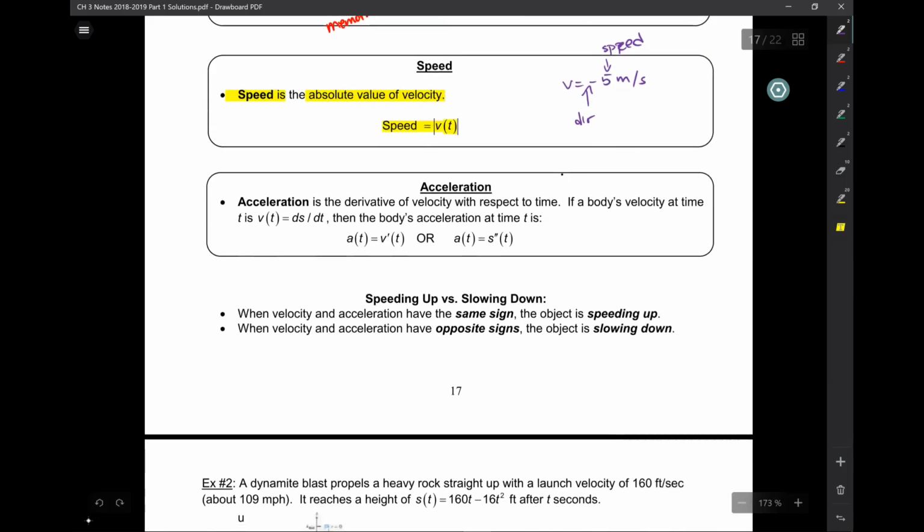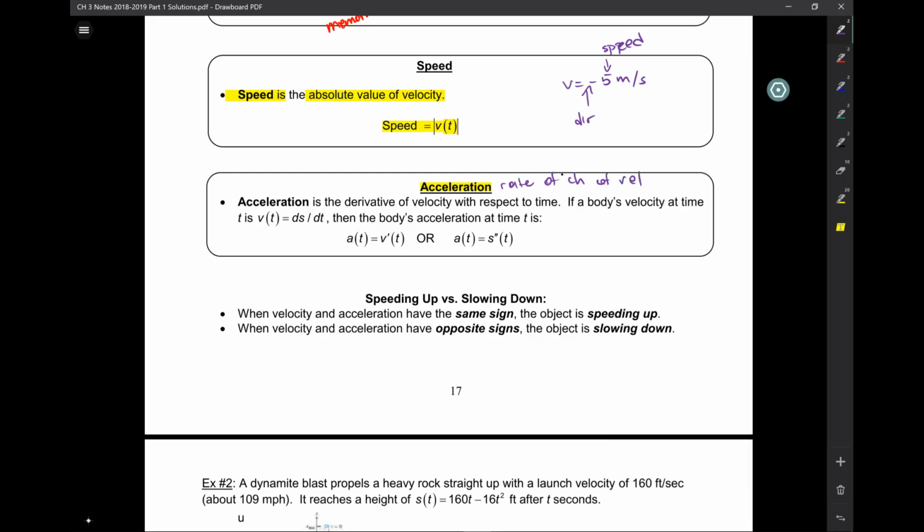Acceleration. All right, how do we find acceleration? Acceleration is change in velocity over change in time. How fast your velocity changes, the rate of change of velocity. Okay, so this is the rate of change of velocity. What's another word for rate of change?